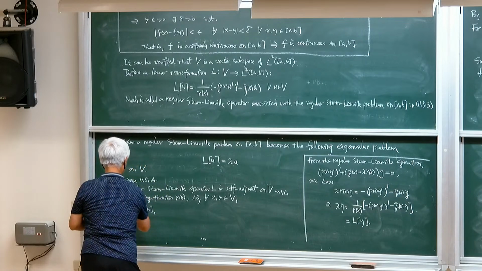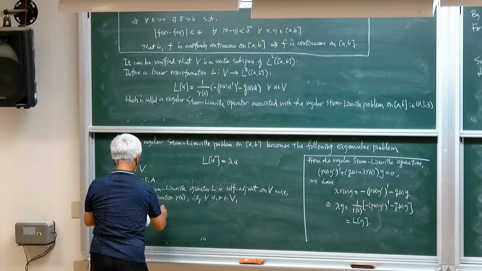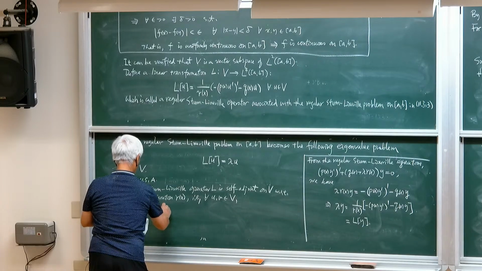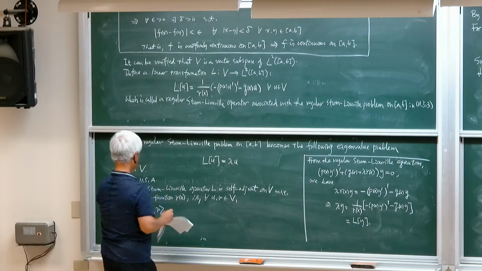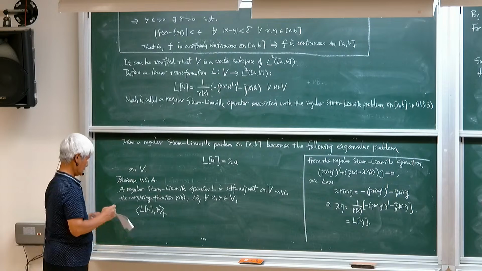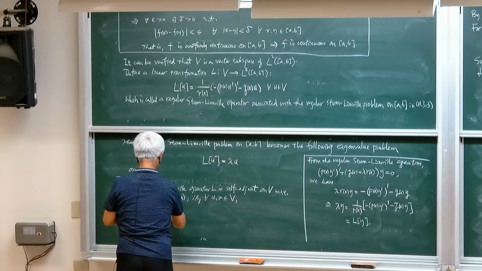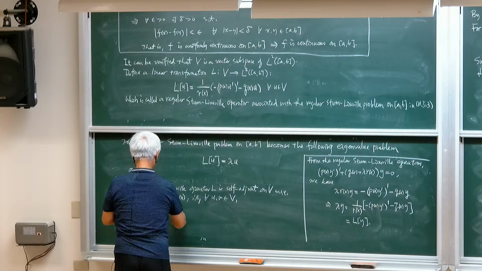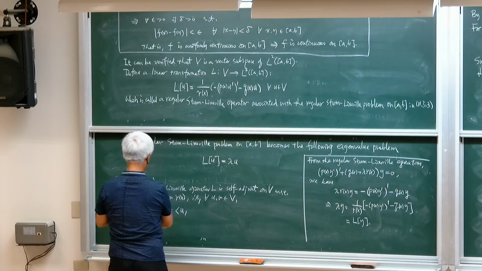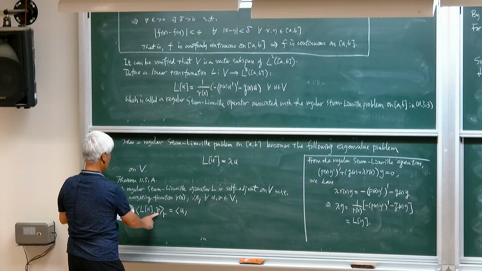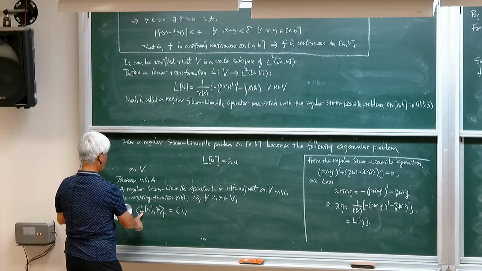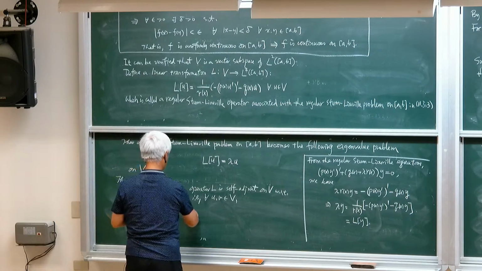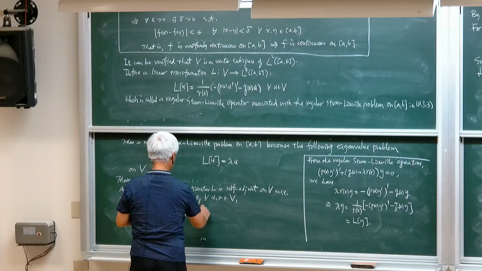We take the inner product with respect to the weighting function R. This is equal to the inner product of U with L acting on V instead.